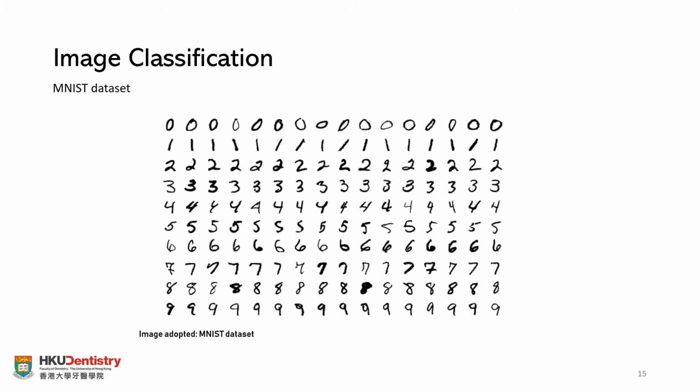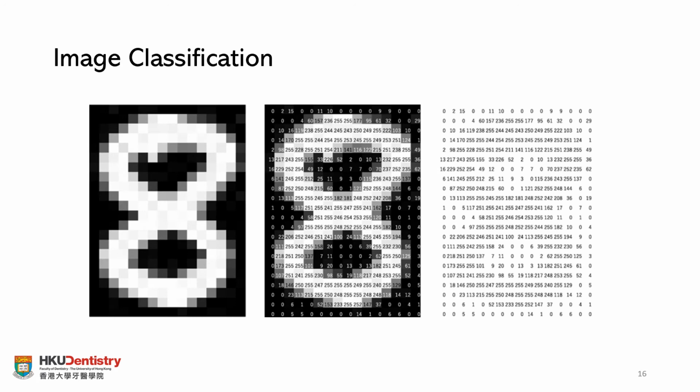There is a good database, the MNIST database, which different people use to train a good classifier for this application. Again, as I mentioned, the image is nothing but a matrix, and we can use this matrix as the input of our model to train it and finally predict the correct value.